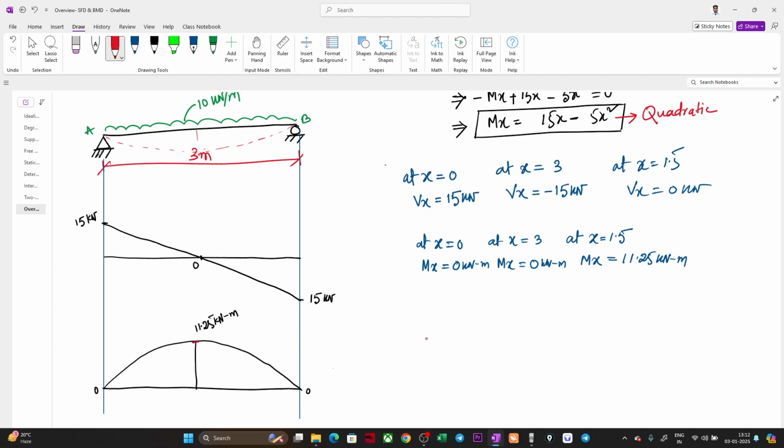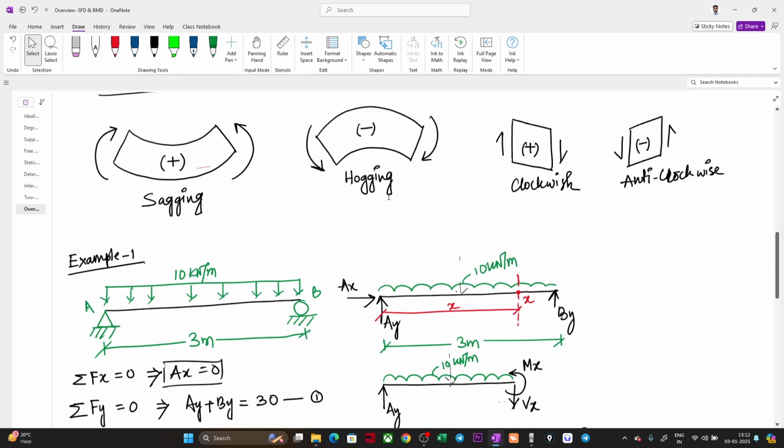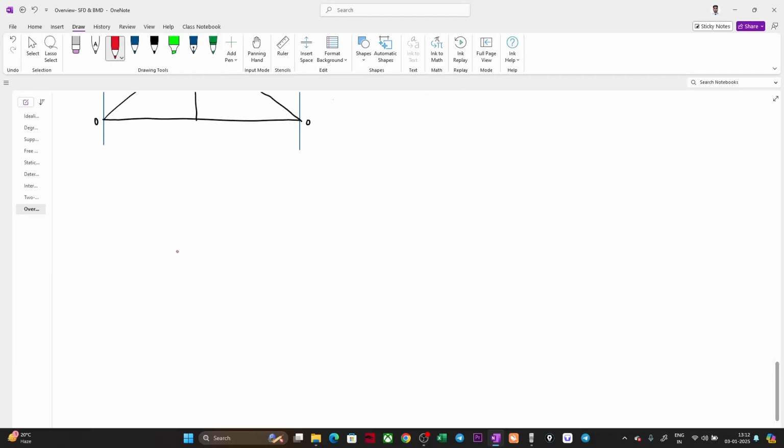So in practice, whenever we draw the bending moment diagram, we always draw it based on the sign convention that we have just shown here. The positive is sagging, so we draw the bending moment also like this. If it is sagging, we draw it downwards. If it is hogging, we draw it upwards. So the bending moment we should draw when working on a real life problem should be like this.